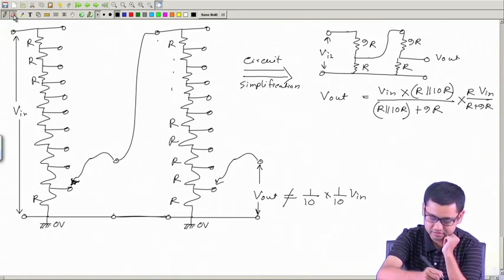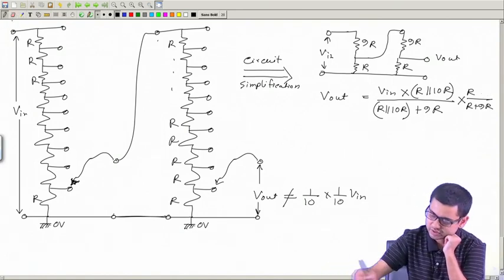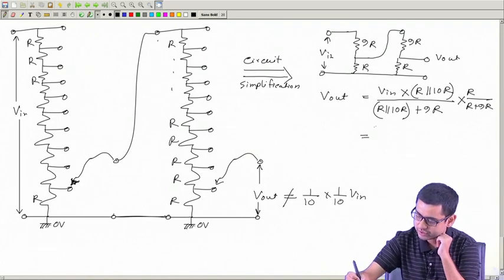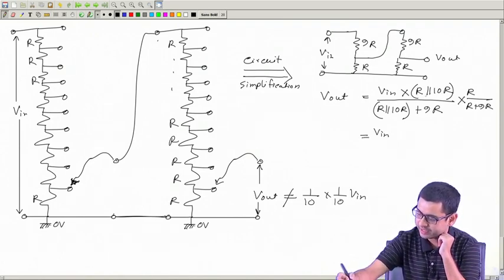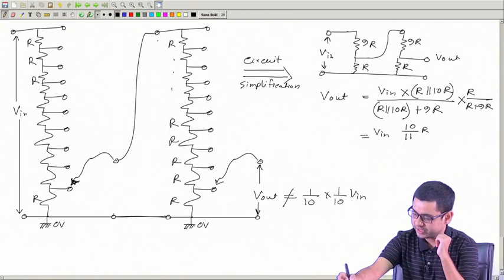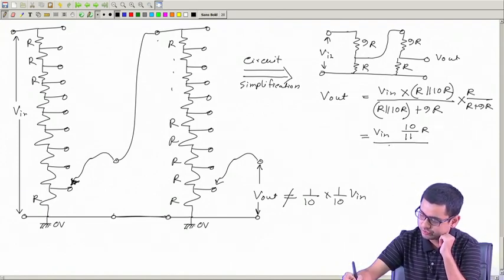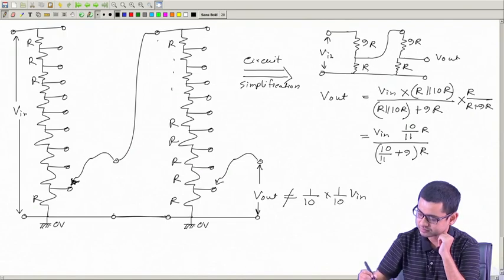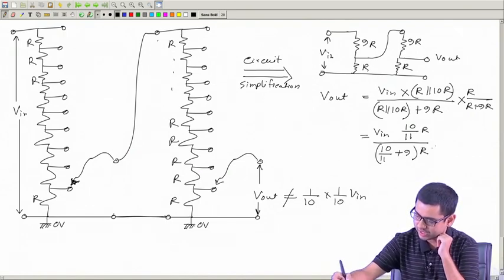So, this becomes whole multiplied by V in. Now, R parallel 10R is the same as 10 by 11 R. So, that will be 10 by 11. Below we will also have 10 by 11 plus 9. And this is 1 over 10.